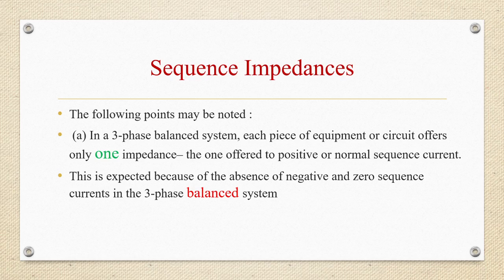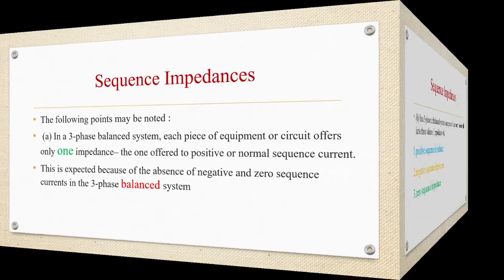We are only calculating, for a three-phase balanced system, the one impedance which is offered to positive sequence current. As I said earlier, in a balanced system, if we calculate any one current, then the second and third, that is for negative and zero, we can calculate. This is for a balanced system.